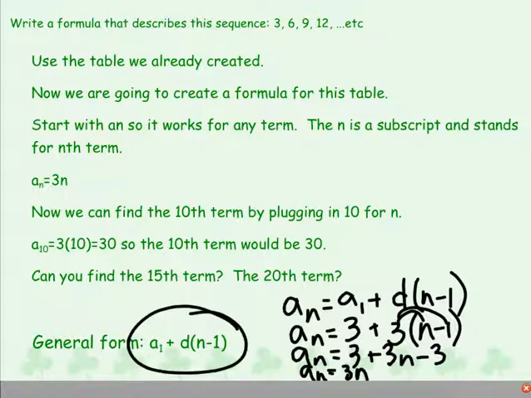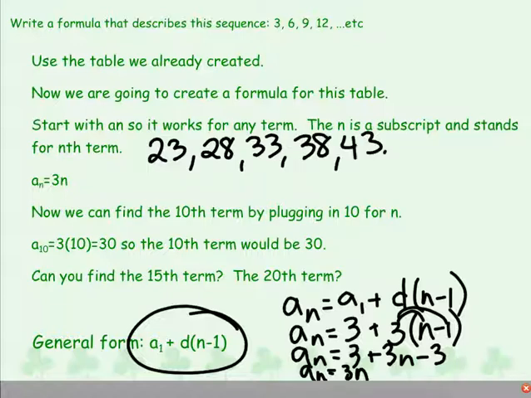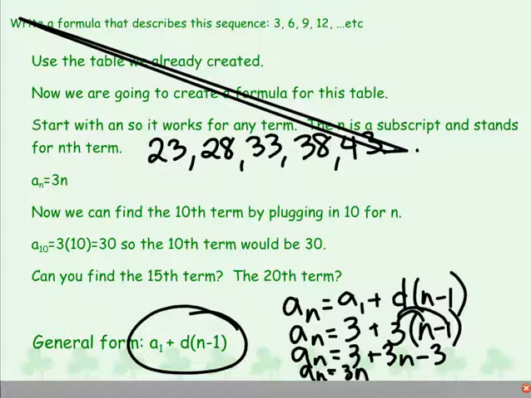So let's say we have a sequence like 23, 28, 33, 38, 43, and so on. Well, we see we need 2 different pieces. We need the first term, a sub 1, and we need the difference. So a sub 1 in this case is 23. And the difference, we're adding 5 each time.